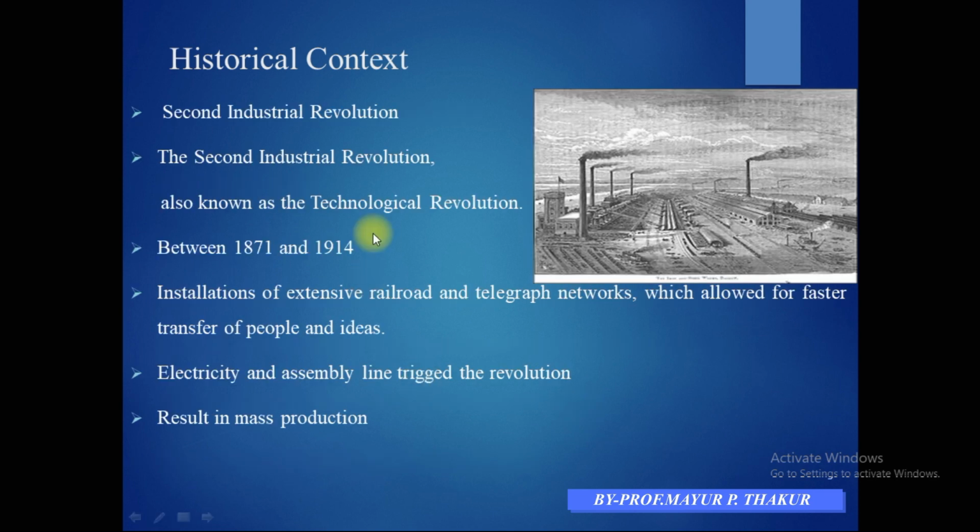Then came the second industrial revolution. The second industrial revolution is also known as the technological revolution, and it happened between 1871 and 1914. In this second industrial revolution, extensive railroad and telegraph networks were installed, which allowed faster transfer of people and ideas.